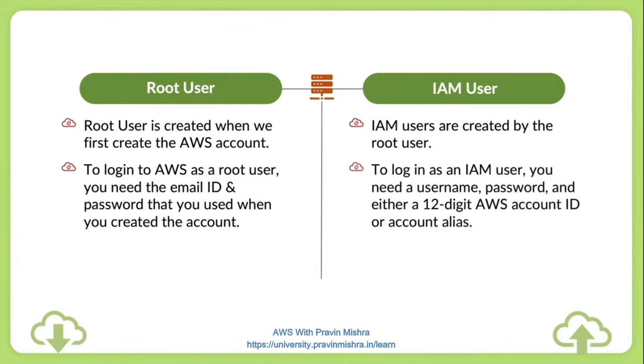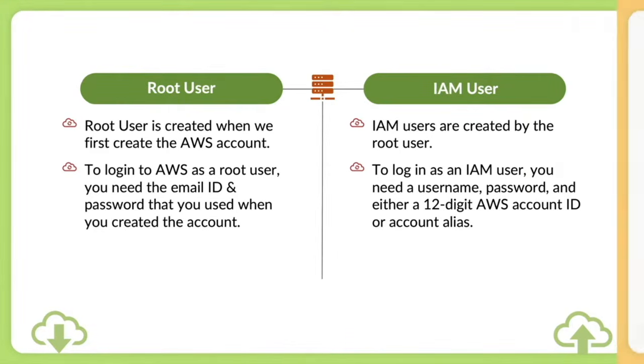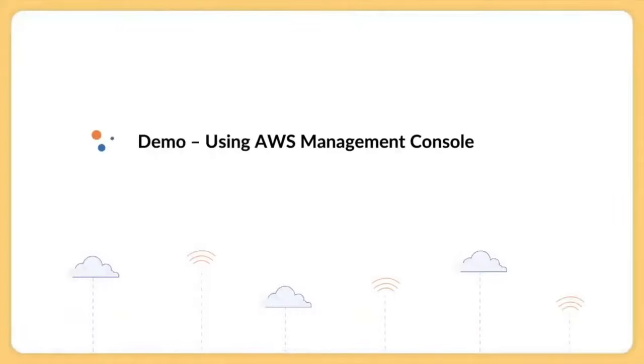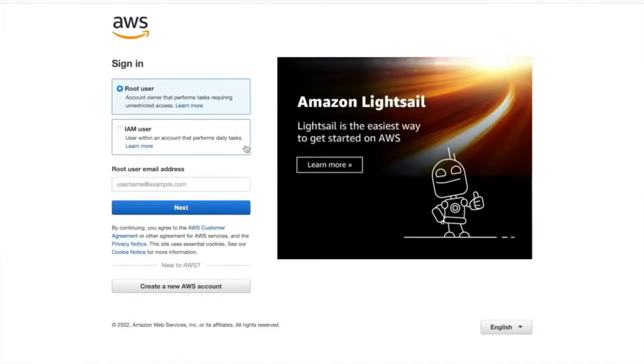However, if you want to log in with an IAM user, you need a username and password and then either the 12-digit account ID or an account alias. Since we have neither an IAM user nor an account ID and account alias, let's go back and sign in with the root user that we have already created.